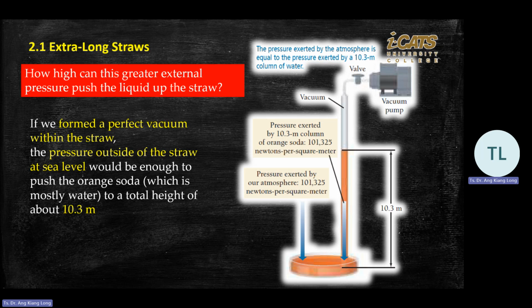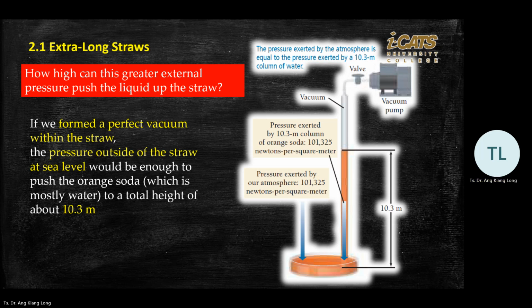So this will be the water height, water pressure at sea level, not sea level, at vacuum. So it means that this height of water will equal the atmospheric pressure, that is 101,325 Pascal, or the pressure will equal the weight of this.